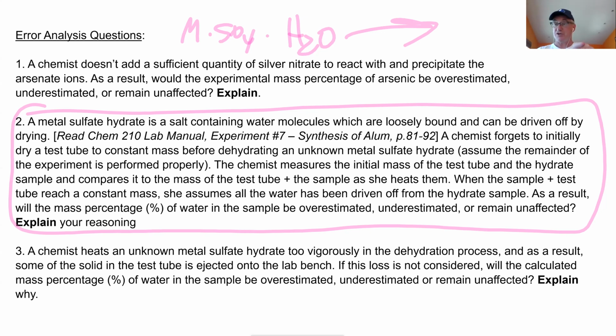So your question was, if you have this sample in a test tube and the test tube already has water in it. Let me get a whiteboard. Here we go.